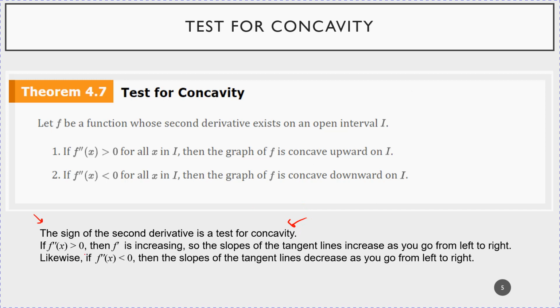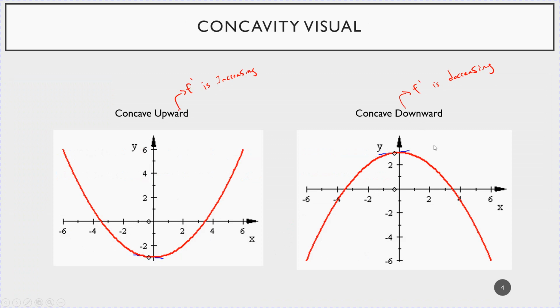If f double prime is greater than 0, then f prime is increasing, so the slopes of the tangent lines increase as you go left to right. Likewise, if f double prime of x is less than 0, then the slopes of the tangent lines decrease as you go left to right. You can see that in both of these graphics.